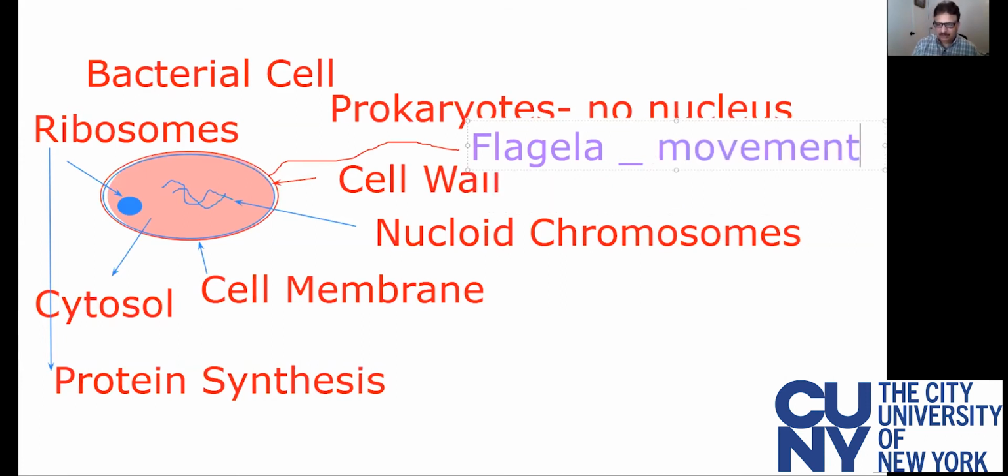And why does a bacterium need to move? It needs to move towards food. It needs to run away from enemies. So this thin whip-like structure is called flagella. The second type of structure that bacteria have are very small and present all over the bacterial cell wall.